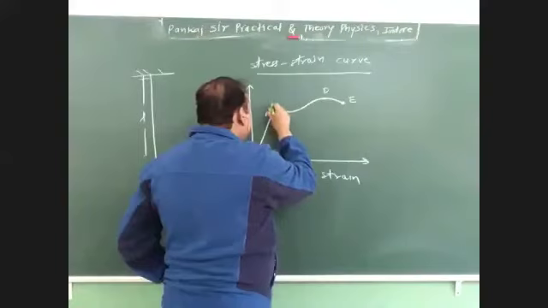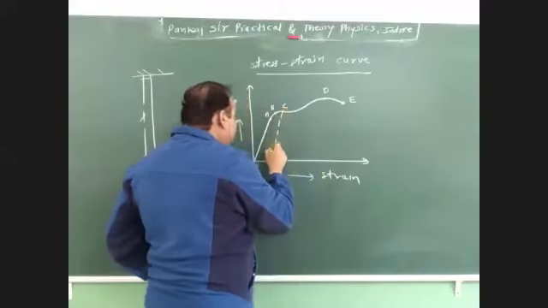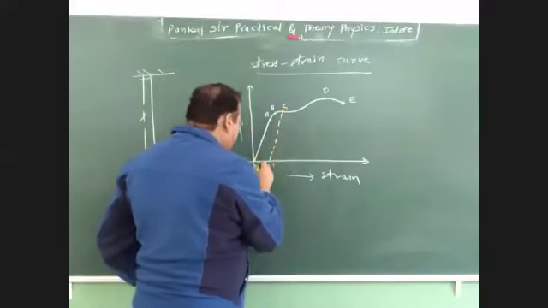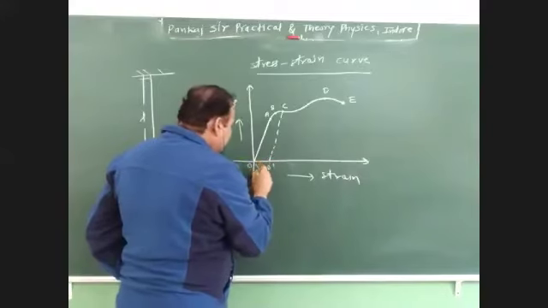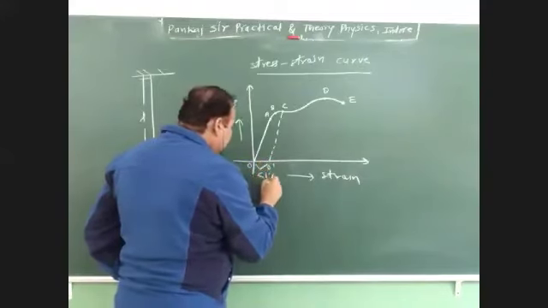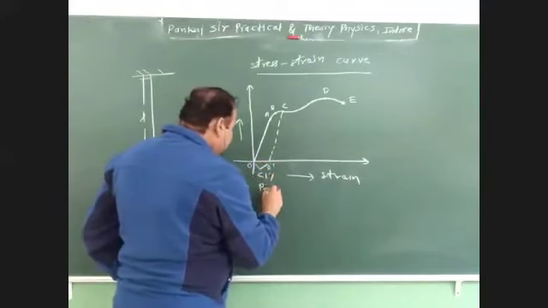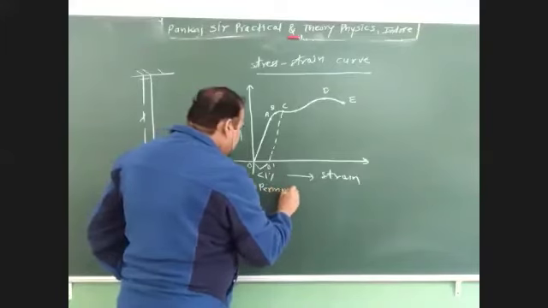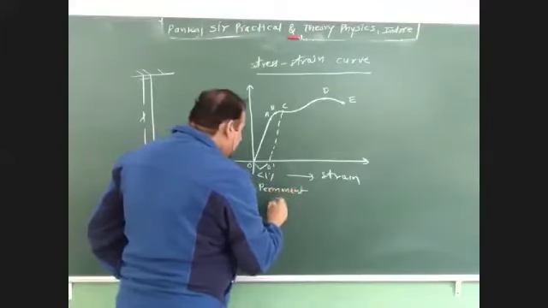This is B and this is C point. And this is O dash. And this hole is less than 1%, and it is known as permanent set.